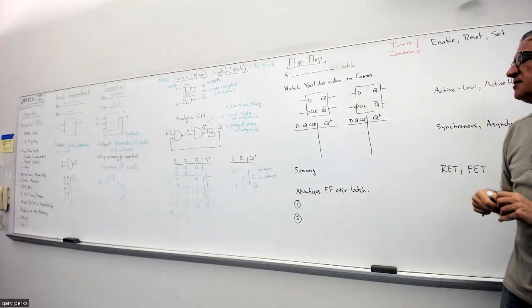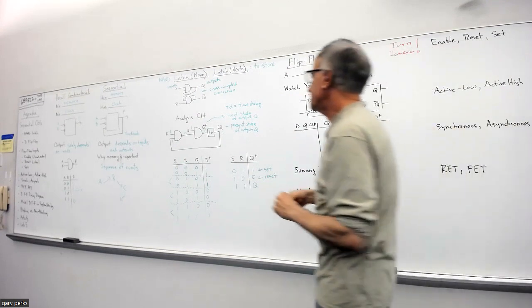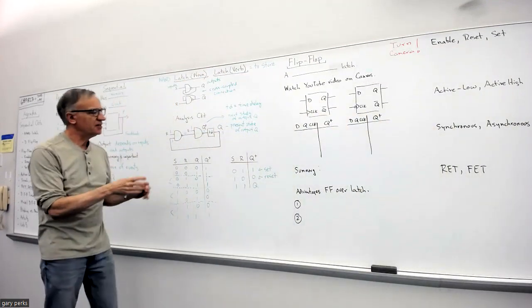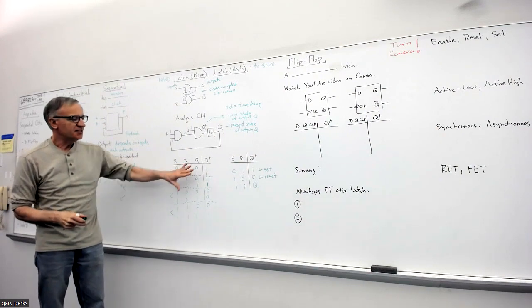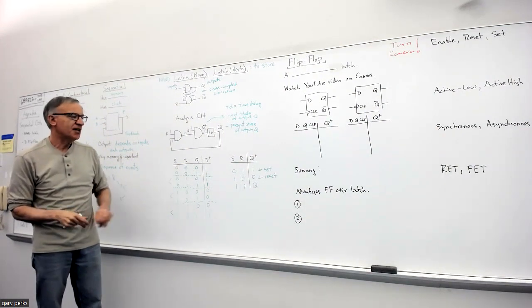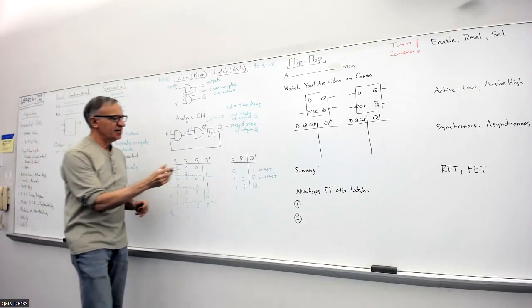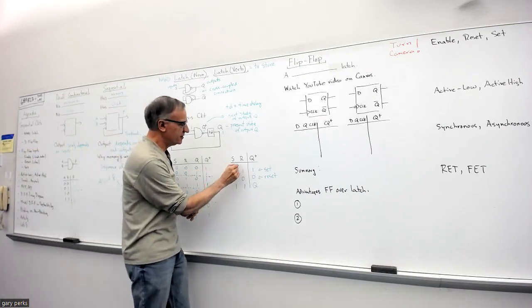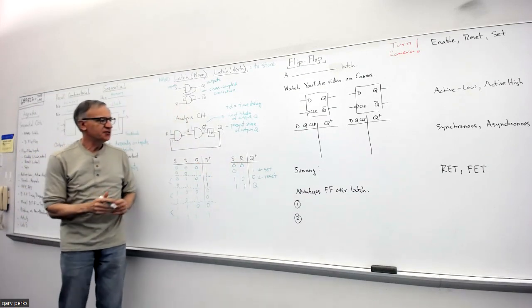Okay, the reason I saved the top row for last is because we can't get everything from this table that we went through. What we can get is that from these top 2 rows, S and R are both 0, and you can see that next data Q is 1.